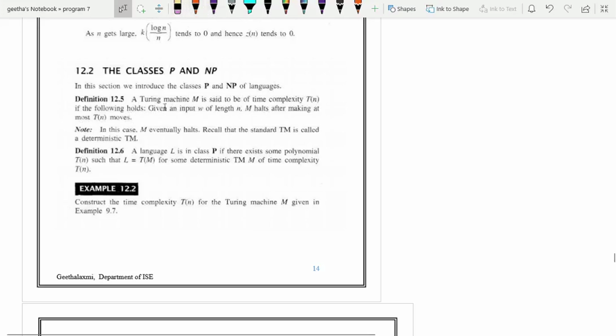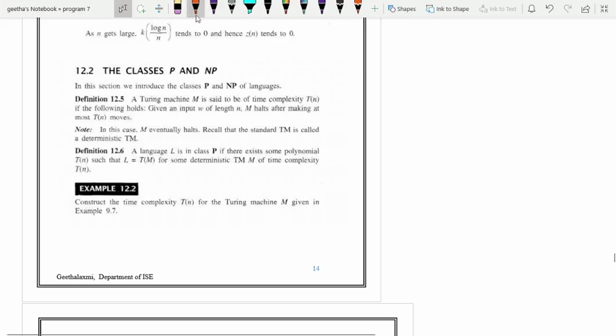So the definition here goes like this. A Turing machine M is said to be of time complexity T of n if the following holds. You are given an input w of length n, and M halts after making at most T of n moves.